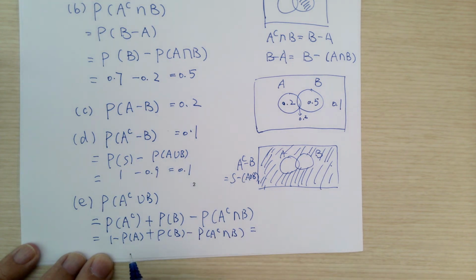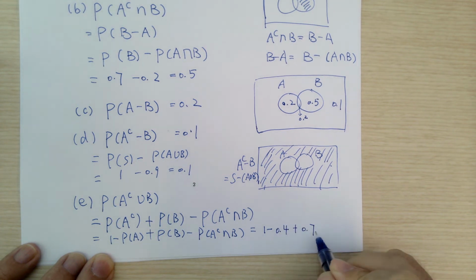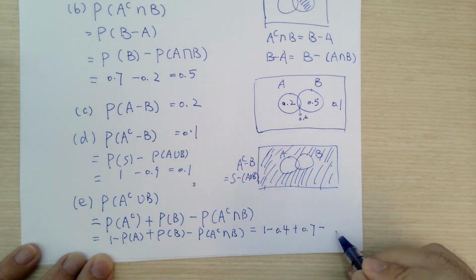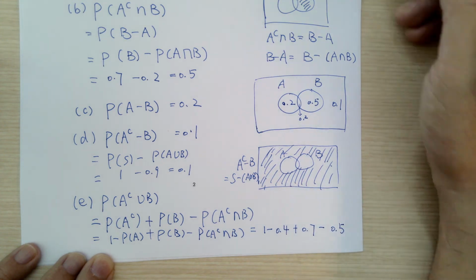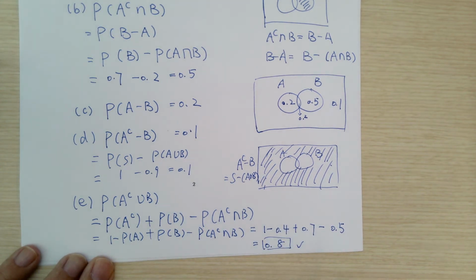So 1 minus 0.4 plus 0.7 minus 0.5, and this equals 0.8. Okay, cool. So that's problem E.